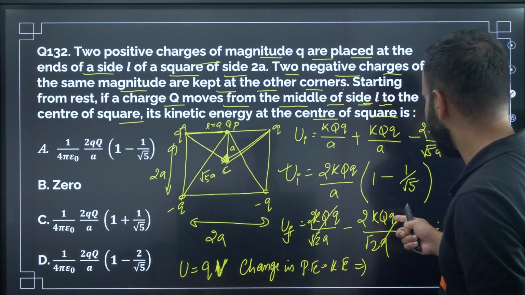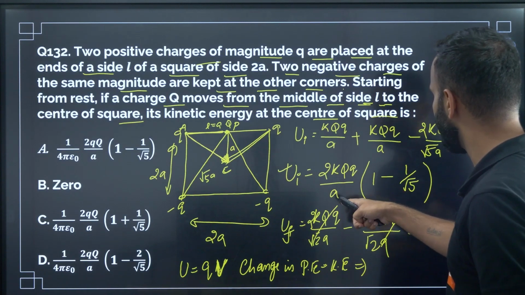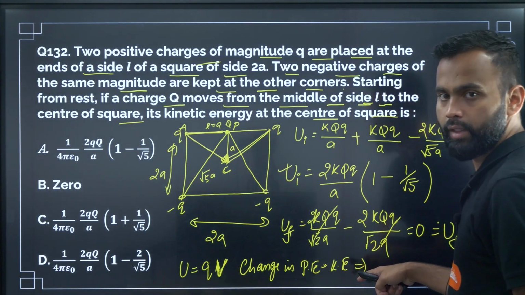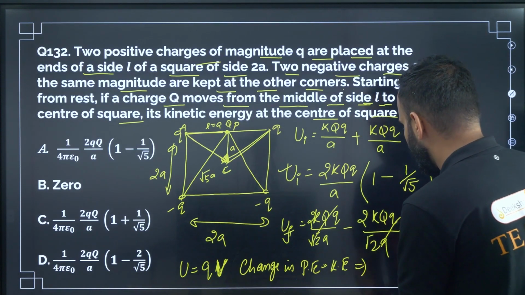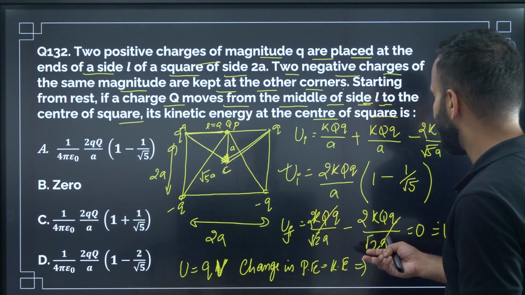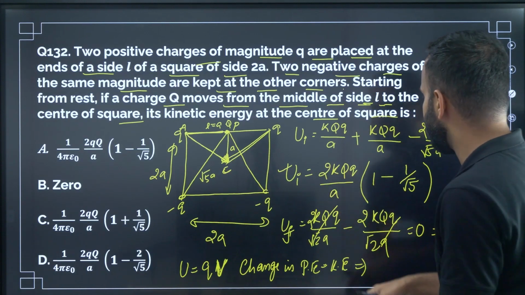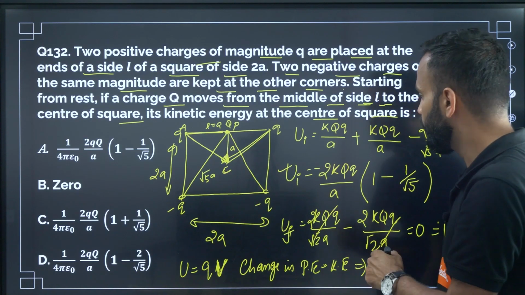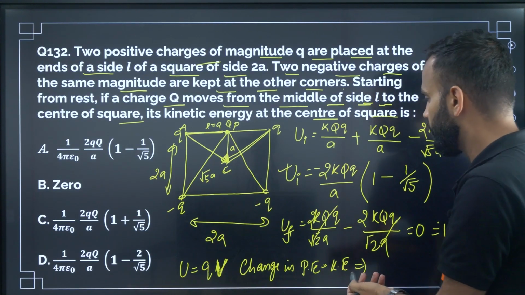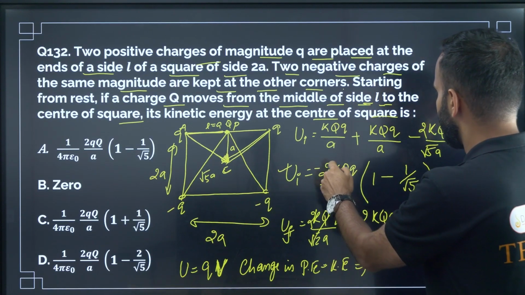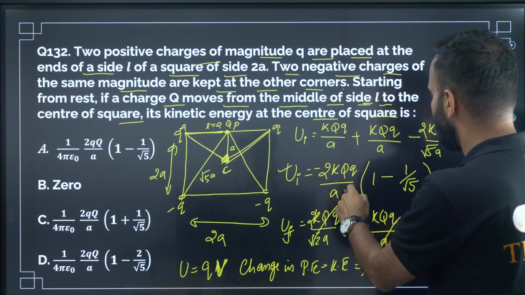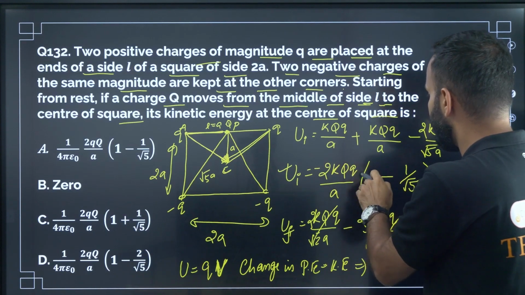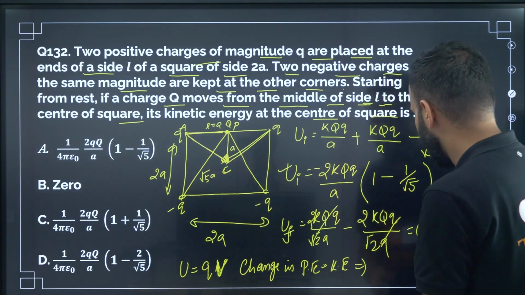Uf minus Ui is this one, 2 times kQq divided by a into 1 minus 1 by root 5, so which is equal to kinetic energy. Here you have to write a negative sign. Ui is negative 2kQq divided by a. Okay, Uf minus Ui, right? Uf is anyway 0, minus of minus 2kQq divided by a into 1 minus 1 by root 5 is plus 2kQq divided by a into 1 minus 1 by root 5, right?